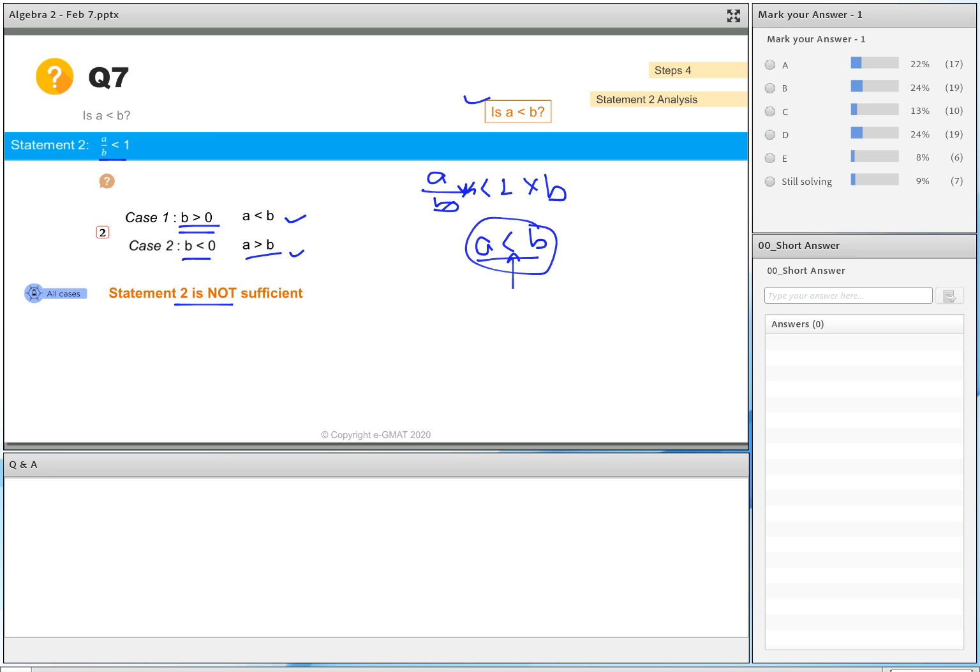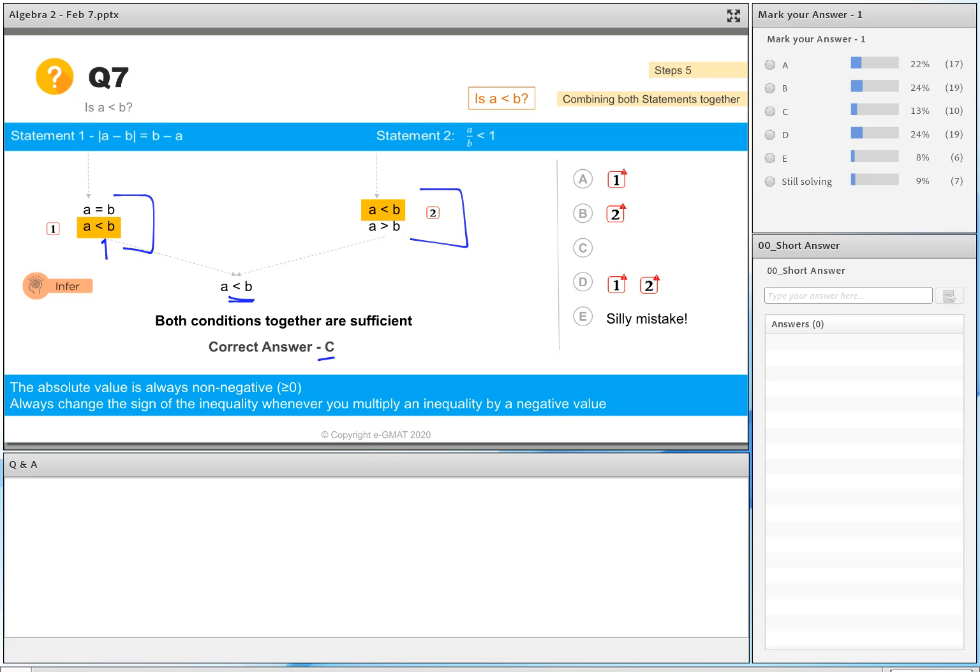If b is negative, then the sign of inequality would change, something that we had learned in the previous set of questions, right? And then combining both, a is equal to b, a is less than b, a is less than b, greater than b, which is the common region, the region where a is less than b, present in both the analysis of the statements. So that's the answer. And hence the answer for this question is choice C.